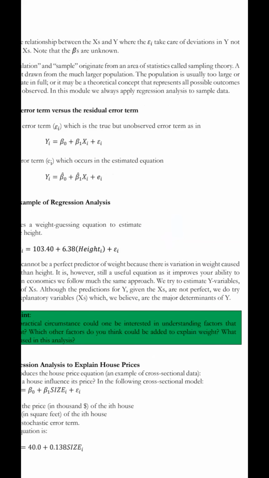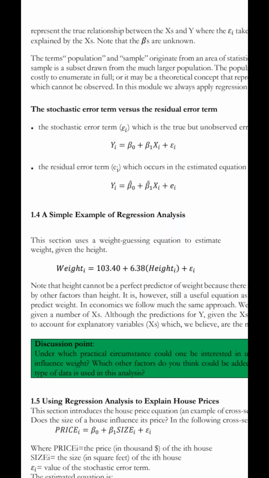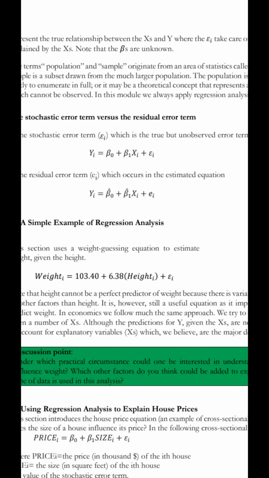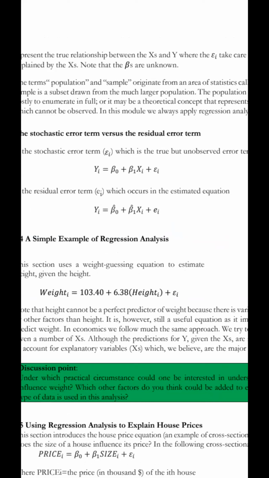From the true regression line, you come up with what we call the error term, which is epsilon, which looks like an E there. And from the estimated line, you come up with that little e, which is called the residual error. The error term is referred to as the stochastic error, normally denoted by that Greek letter epsilon.